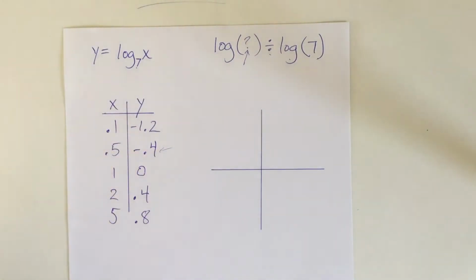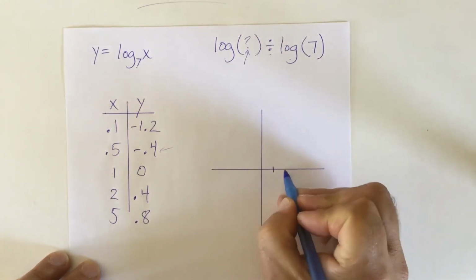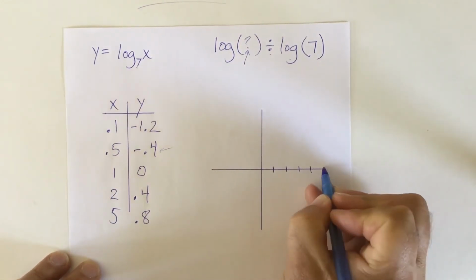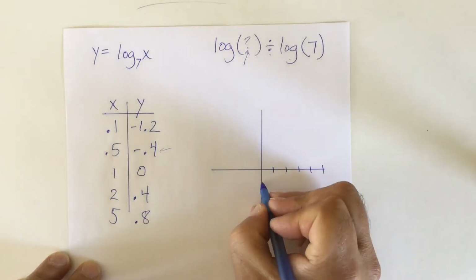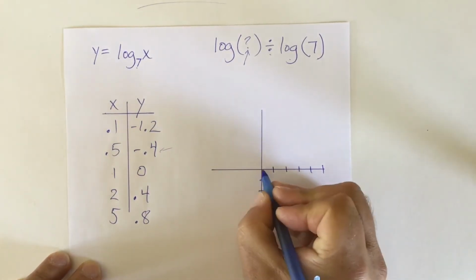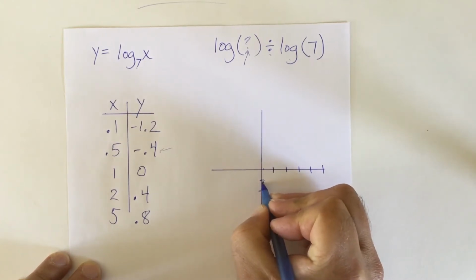That's 0.8. Let's take a look at what would happen if I graph this. If I graph this, I only need to plug in 5, the biggest number I plug in. And look, when I plugged in 0.1, I got out negative 1.2, so I'm down here.